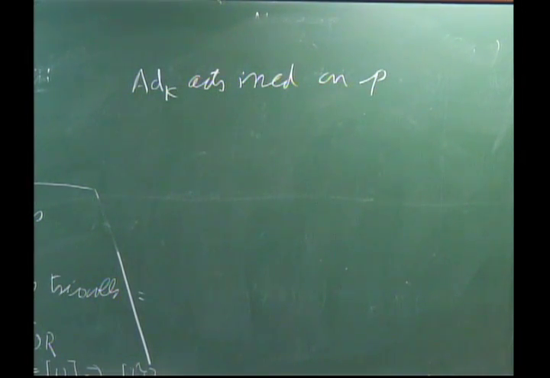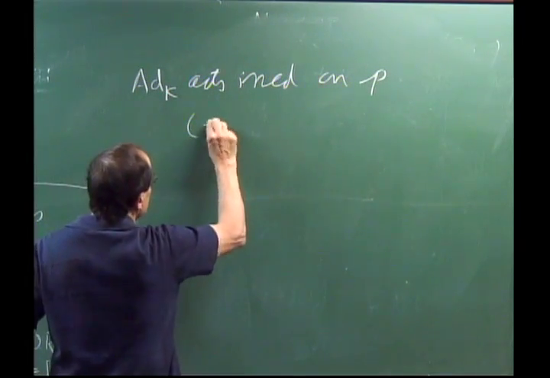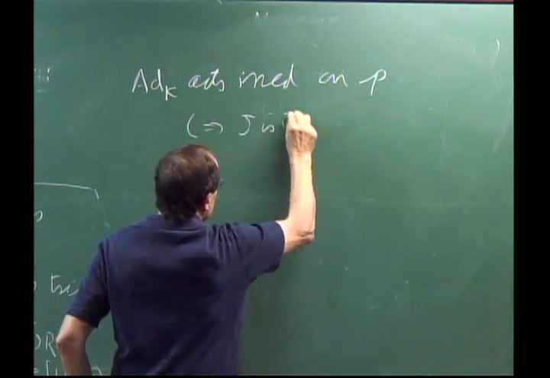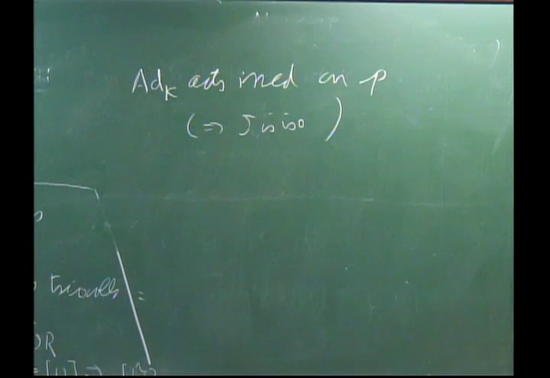Ad K acts irreducibly on P. It's injective. It's even onto. It's an isomorphism. Because Ad K acts irreducibly, it's one consequence. Because the kernel or the image would be Ad K invariant, and therefore it must be 0 or everything. Because I want more, I want it to be a complex structure. In this generality, it doesn't have to be yet.